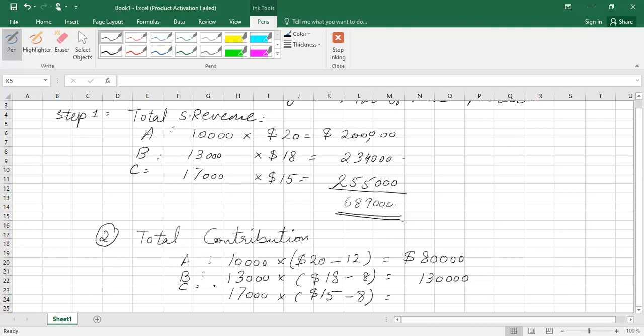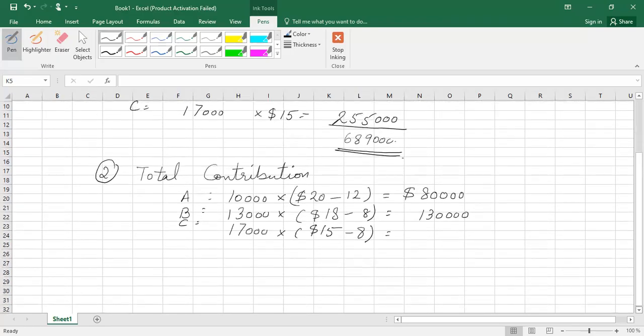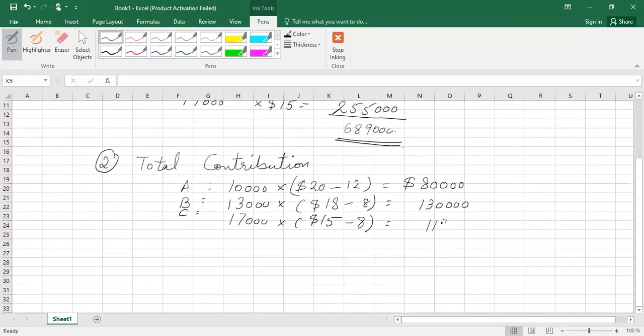Suppose variable cost is 8. It is 119,000 plus 130,000 plus 80,000. So the total contribution is $329,000.